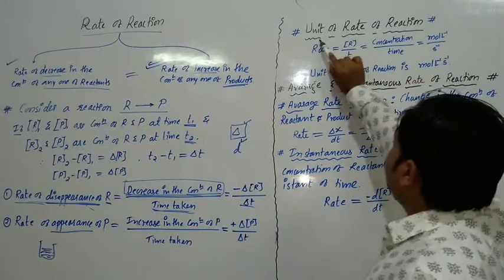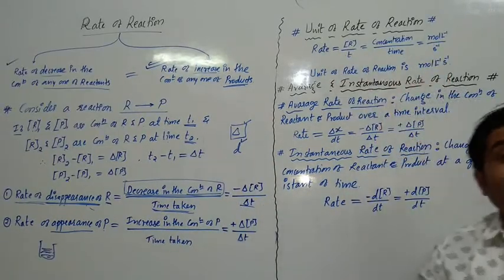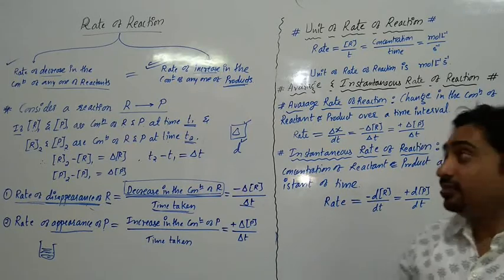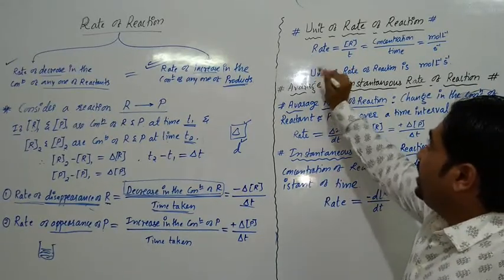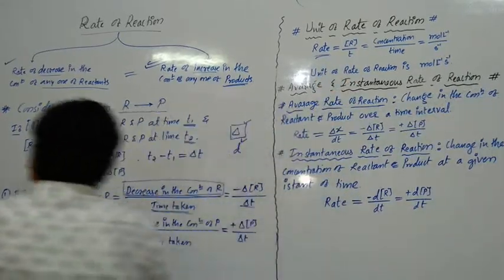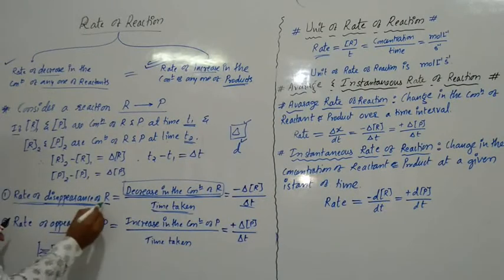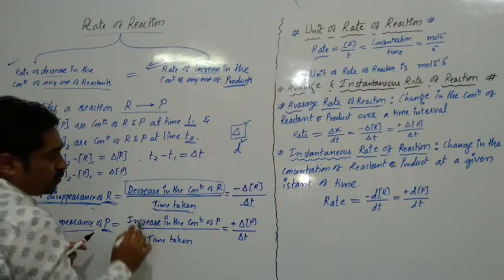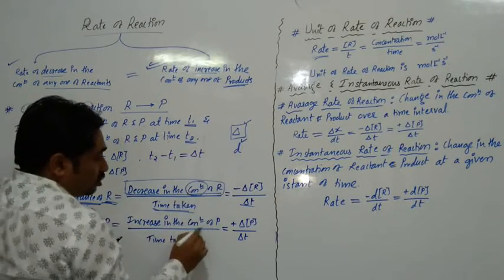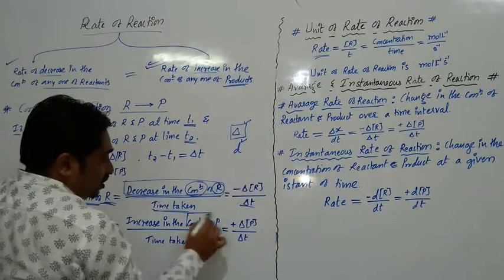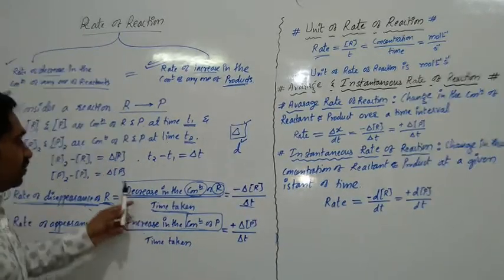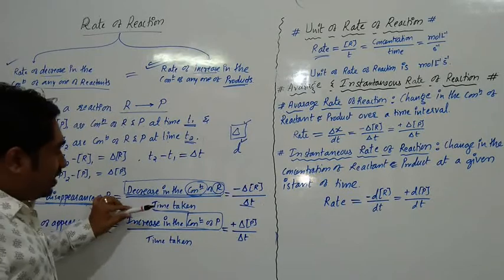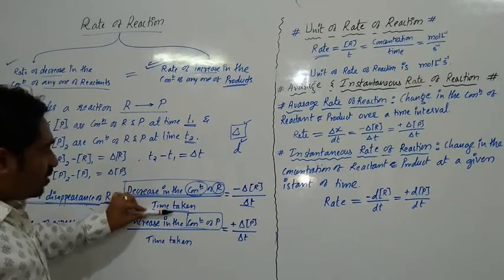Next, the unit of rate of reaction. What is the unit of rate of reaction? See here, if a rate is given in terms of the concentration of product or the concentration of reactant, in both cases generally you can take the concentration divided by time.